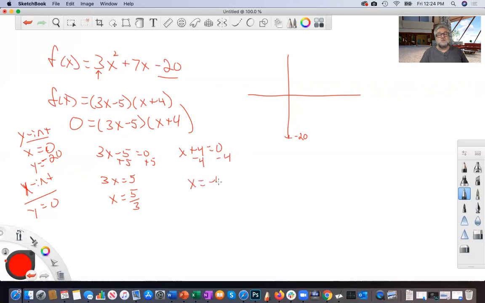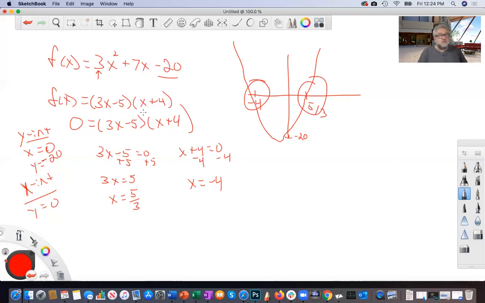X equals minus 4. So here are our x-intercepts at minus 4 and at 5/3. So this function must go something like that.